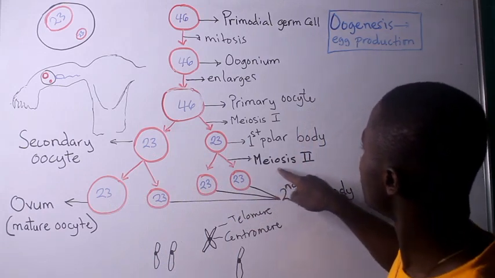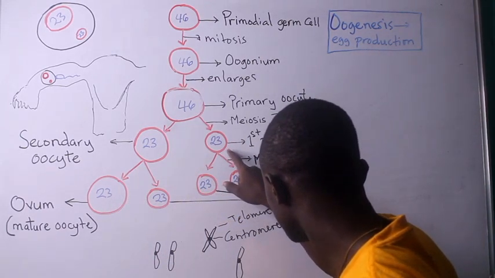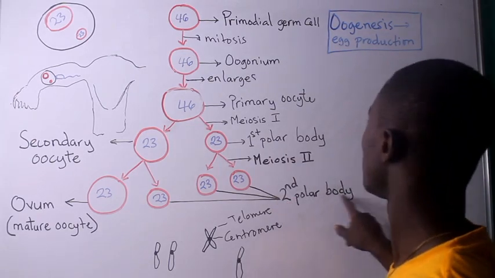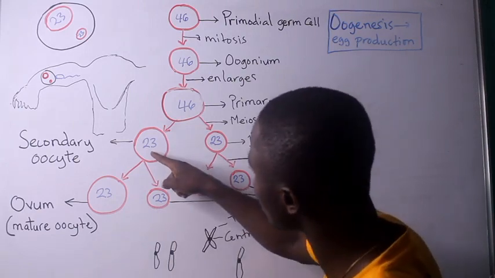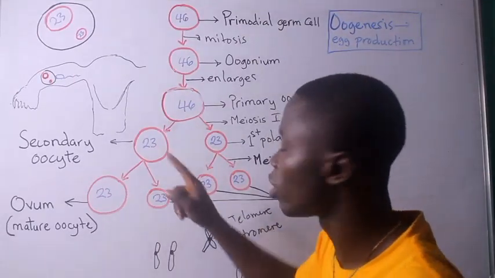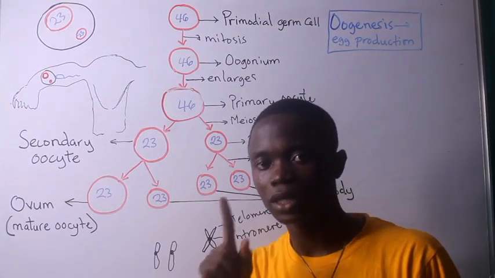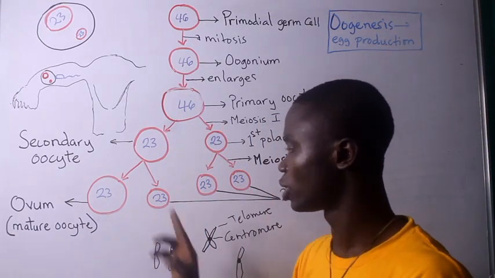So at the end of meiosis 2, you produce two daughter cells from the first polar body, and we call it the second polar body. Next, meiosis 2 in the secondary oocyte: when it divides, it will also divide unequally to produce two daughter cells.